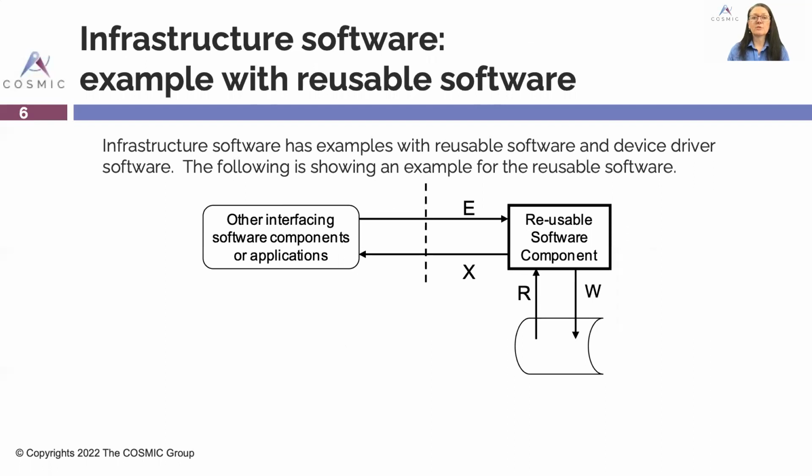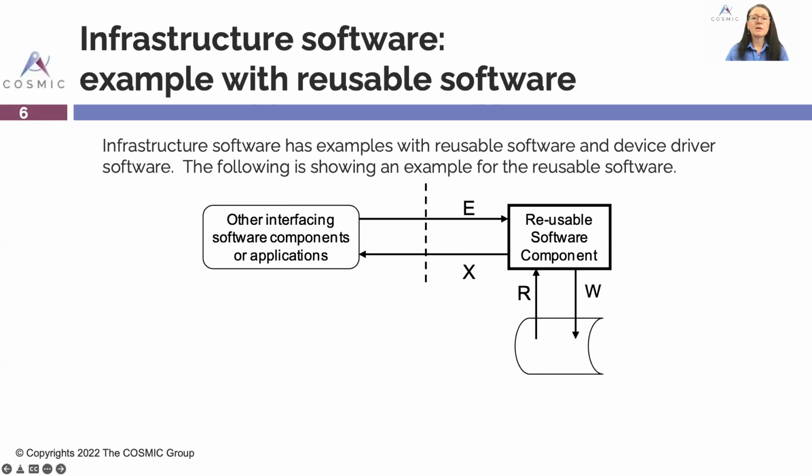Let's look at infrastructure software with an example of reusable software. Infrastructure software includes examples such as loads of reusable software and device driver software. The following shows an example of reusable software, where you have your software here and it interacts with another software component or application.